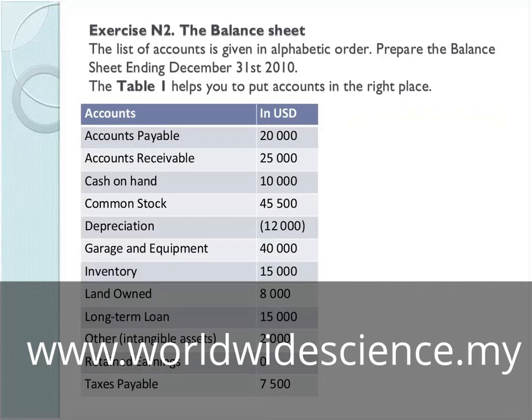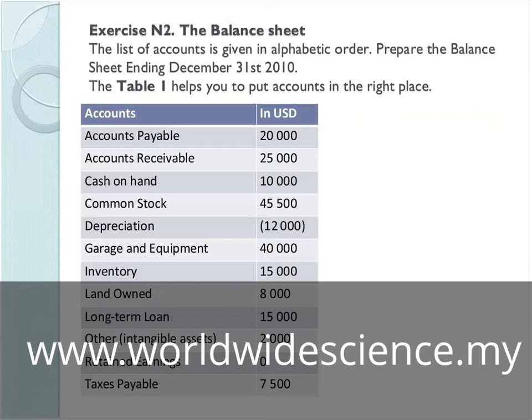Exercise number 2, the balance sheet. The list of accounts is given in alphabetical order. Prepare the balance sheet ending December 31st, 2010. Table 1 helps you put accounts in the right place. I prepared the table so you can easily find the solution.